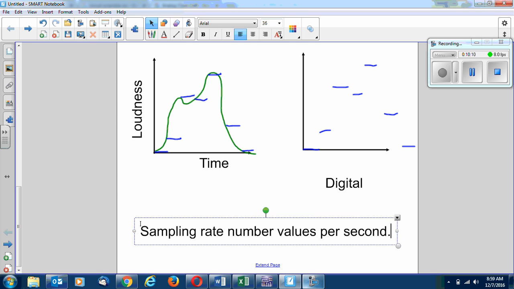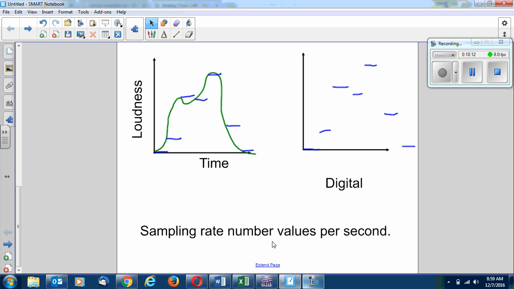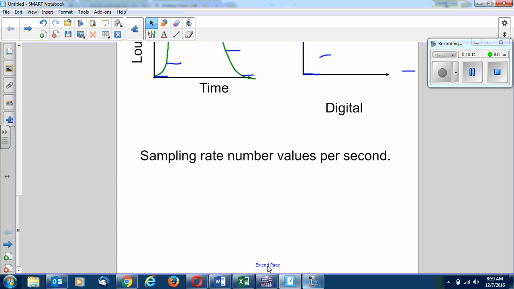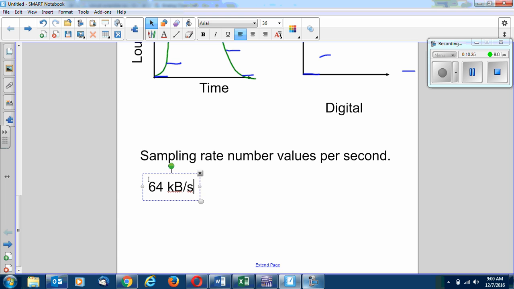And guys, you actually know all about sampling rates, because if you ever download music from the internet, maybe from iTunes or some other site where you can pay for the song and download it on your phone, you have a choice of getting a song that is 64 kilobits per second, or you can have 256 kilobits per second.